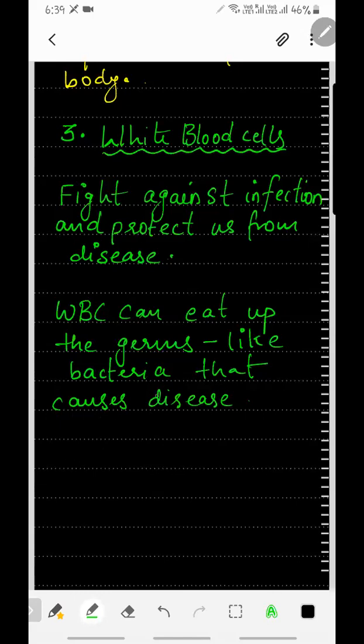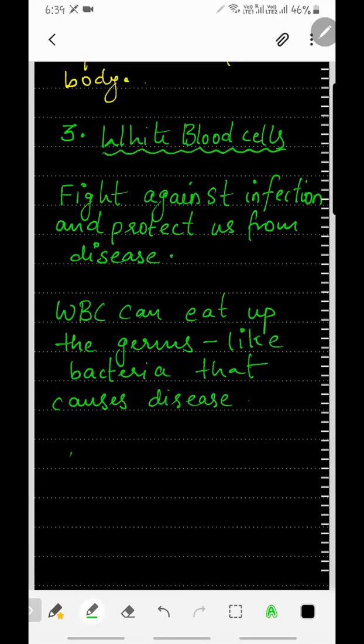So WBC can eat germs like bacteria, virus, or any cell which is not performing its function properly. Then these WBC cells can eat up and destroy it so that they cannot harm our body.